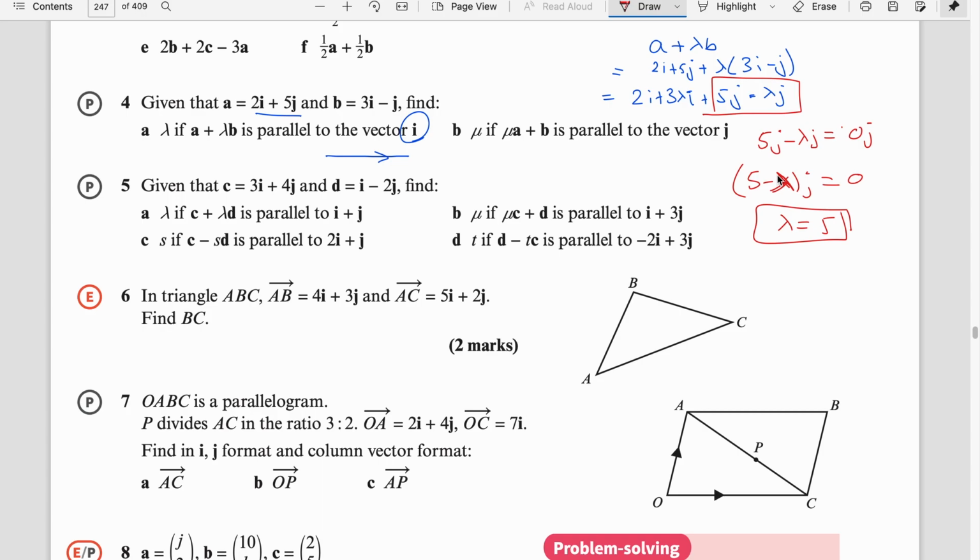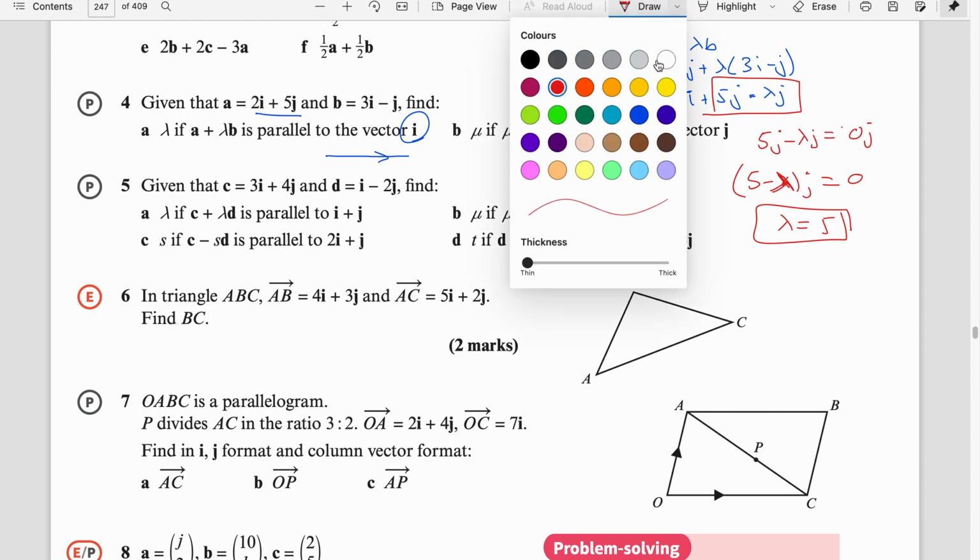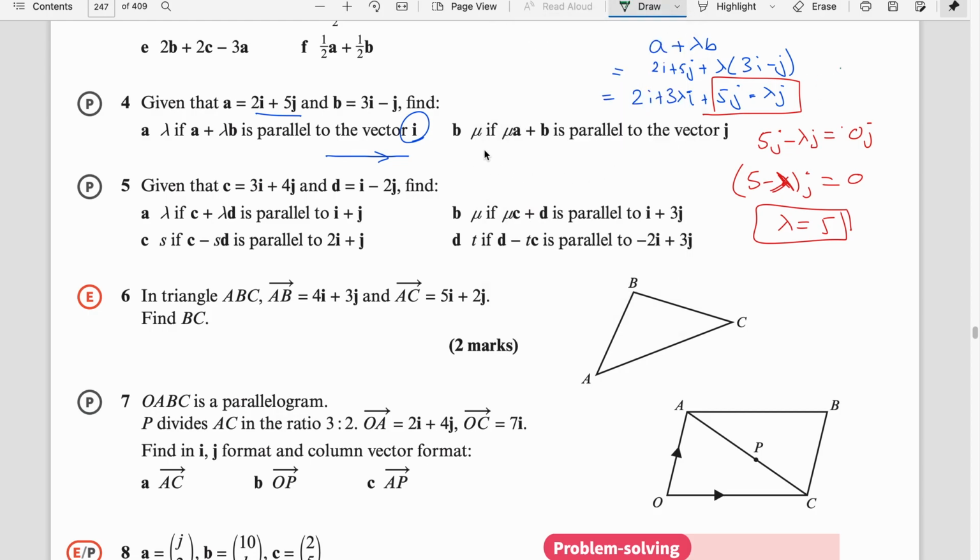You can do that directly. That was just the first example. Now you know this, so look at this question, how we actually do it. This is mu times A and it is parallel to j. If it is parallel to j, I know that the i part would be 0.